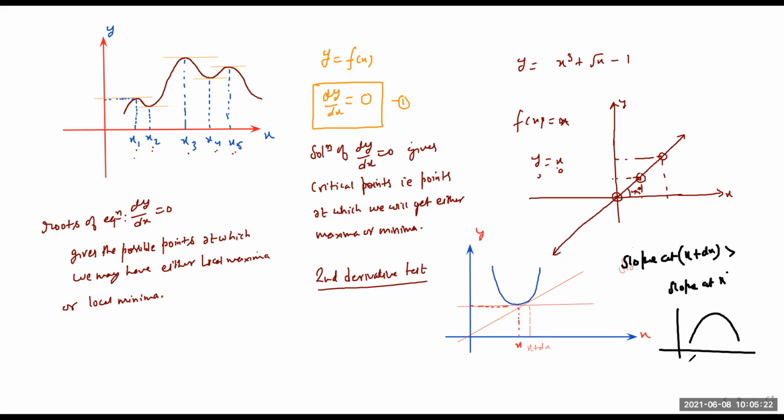One is the x point, the other is the point close to x on the right hand side, and we call it x plus delta x. Sir, earlier when you wrote dx, I thought you were saying the differentiation of x. That's why. No, no, this is just a value. We are adding extra value dx. Yeah, now I understand. Now look at the other graph on the right hand side.